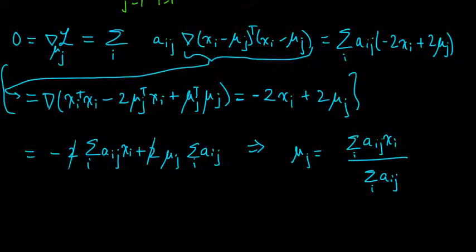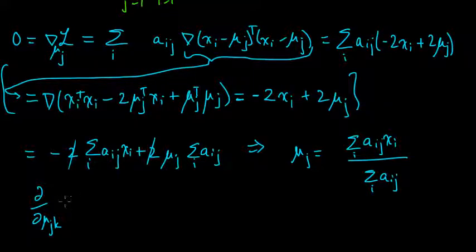This is a critical point, a unique critical point, and let's check that it's a minimum. If we took the second derivative, a derivative with respect to, say, mu_jk, the kth component of mu_j, then what do we get?